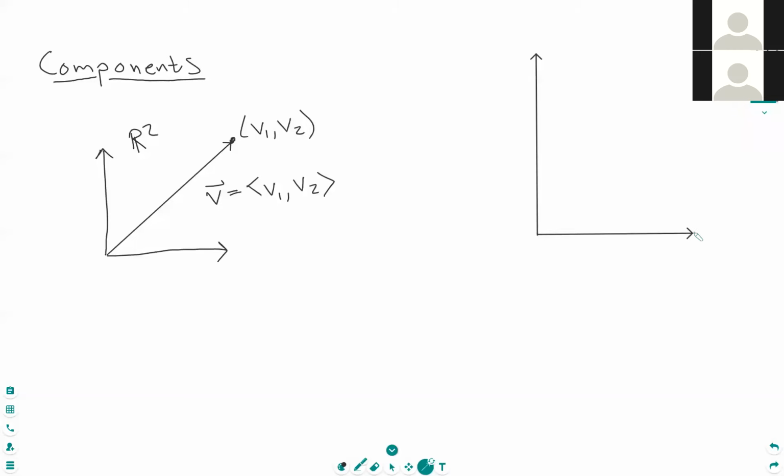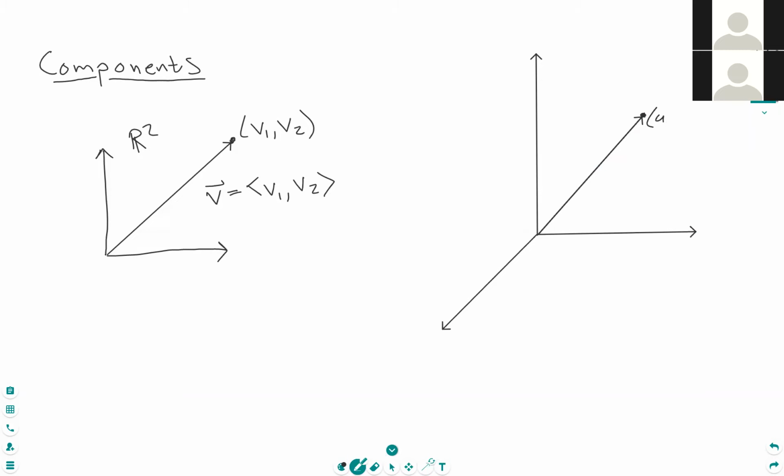So for z, we have our y, and we have our x. Okay, so now I have some vector. We'll call this one u. And u goes to the point here.